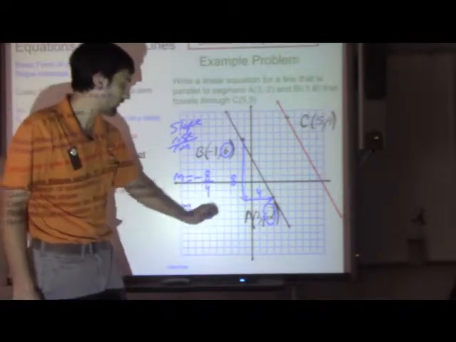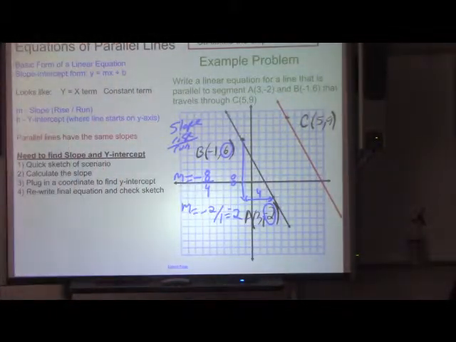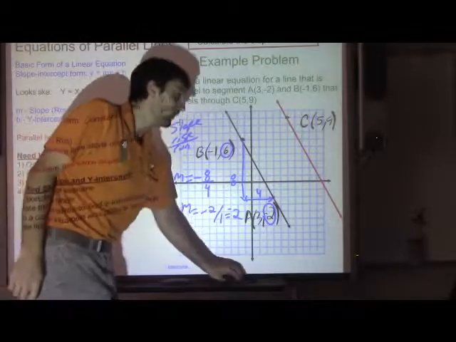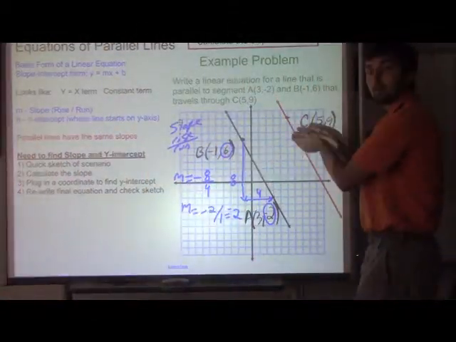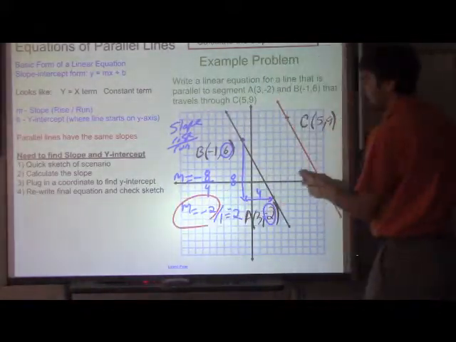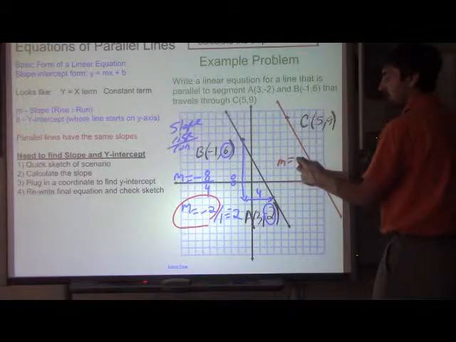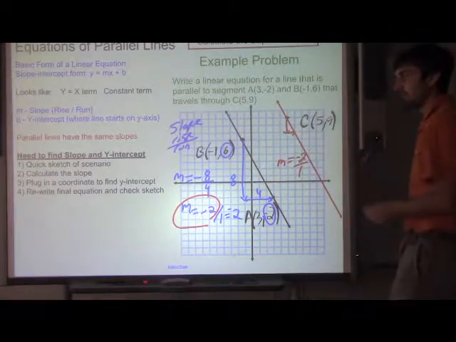So it's the same thing as -2 over 1 or -2. All right, once you find the slope, it's important to realize, well, if this slope is -2 over 1, then so is this one. See, it's going down 2 over 1.